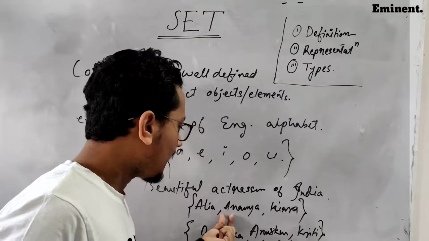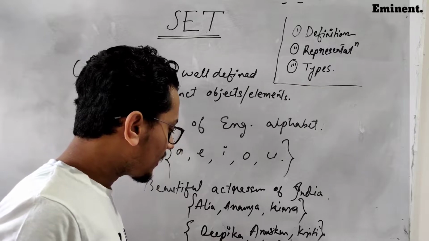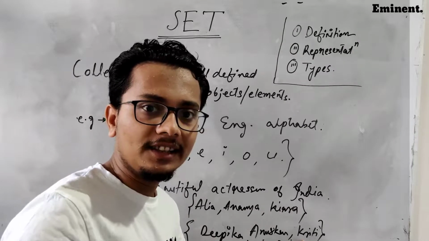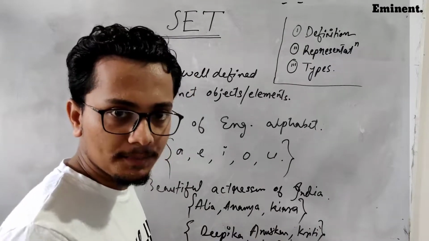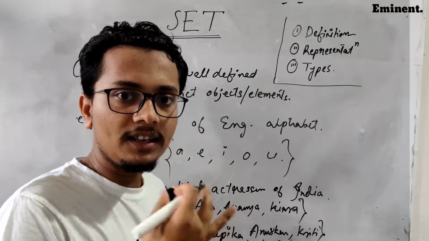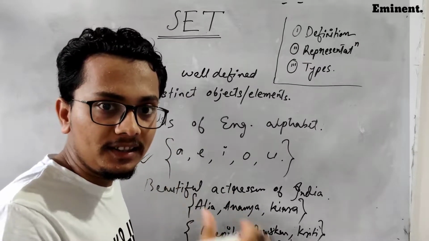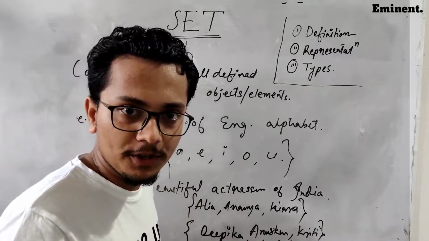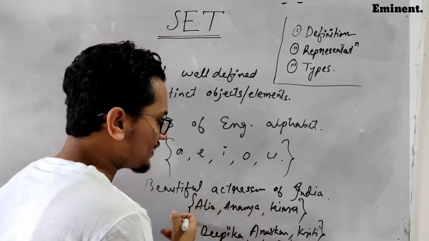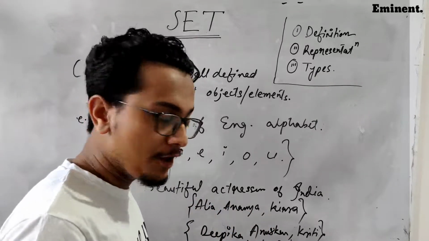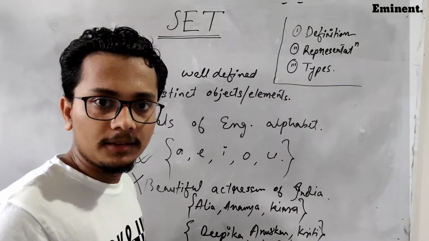Whenever I have taken Alia, Ananya, Kaira, and you have taken Deepika, Anushka, Kriti, like this, if another one wants to take, maybe they will take other examples, other objects. What is going on actually? It is changing. It is relative. It is changing from individual to individual. Right? It is not fixed. So these elements are not distinct. So in this case, this will not be a set.